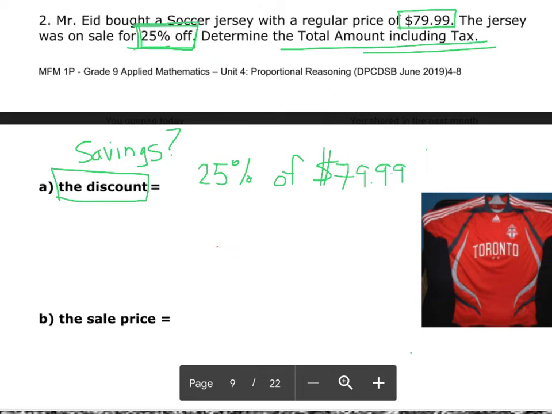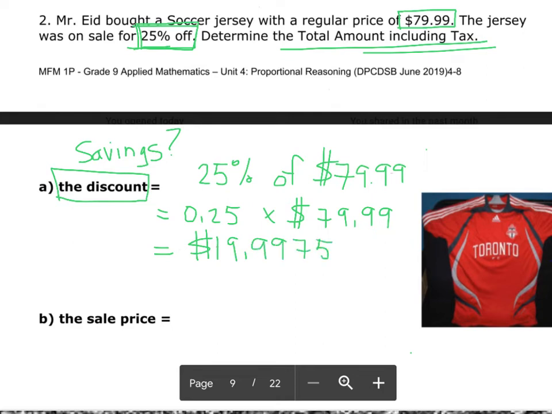$79.99. Okay, now 25%, if you're writing that as a decimal, 25 divided by 100, it's going to give you 0.25. Of means multiply, and we're going to multiply this by $79.99. When we do this, we're going to end up with this number here, 19.9975. So what do we do with this number here?